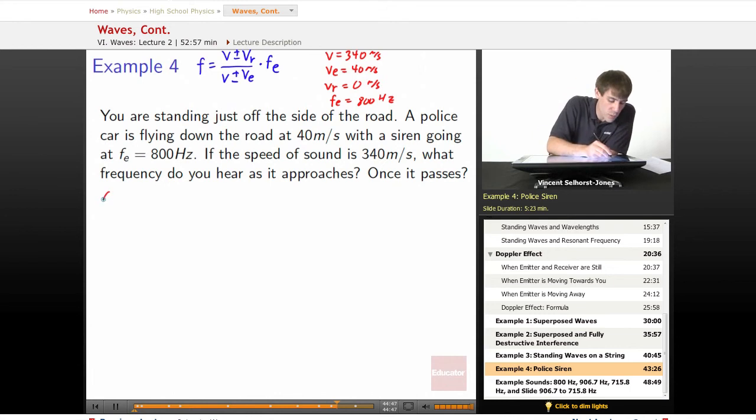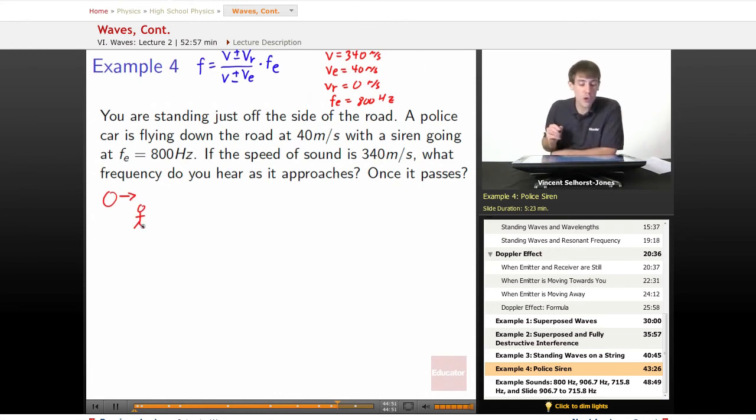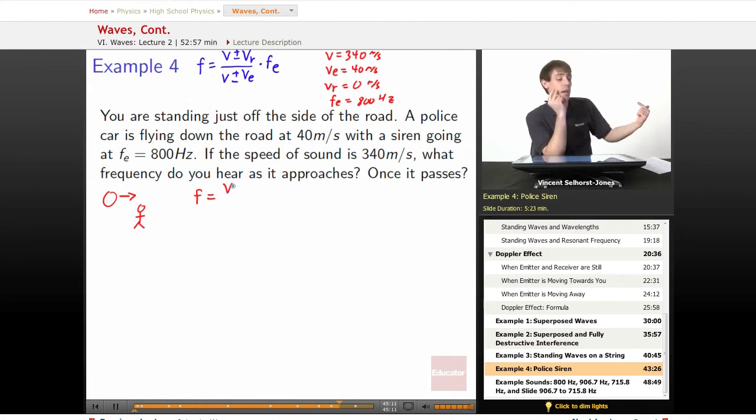So in the case where the cop car is approaching you, the frequency you're going to hear is going to be equal to v. Now, do we want to use plus or minus? If the two things are moving toward one another, then you're going to get a higher frequency.